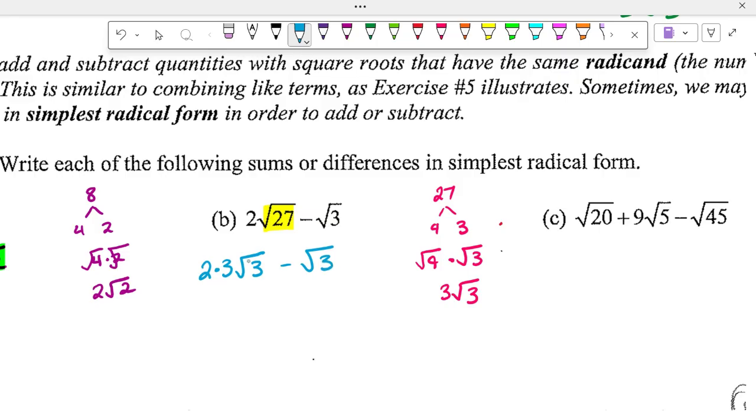So remember, you got to multiply that 2 and the 3 first before you do the adding and subtracting because PEMDAS. All right, so this will be 6 square root 3 minus the square root of 3. Now, if we don't have a number in front of that square root of 3, what is the unspoken number that's being multiplied to it? 1. So this is the same thing as doing 6 minus 1, which would be what? 5 square root 3.